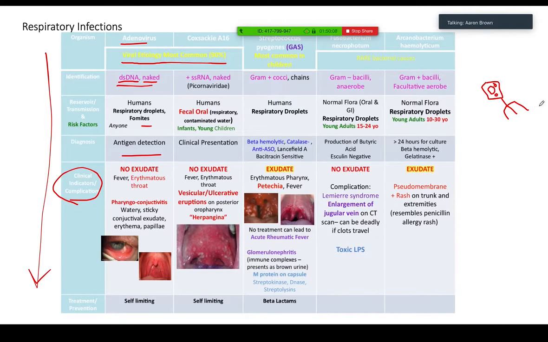Okay, so the virus is going to land onto one of our cells. It's going to inject its contents into the cell. What happens next is really one of the most important things for us to understand, and one of the things we can get a lot of questions about, because the type of nucleic acid in this virus will determine what the next step is.